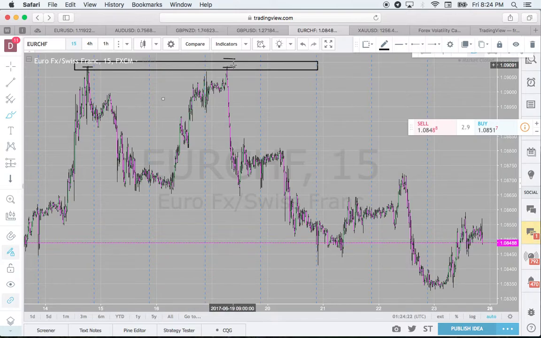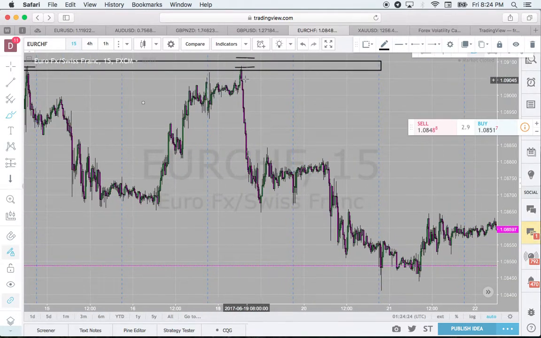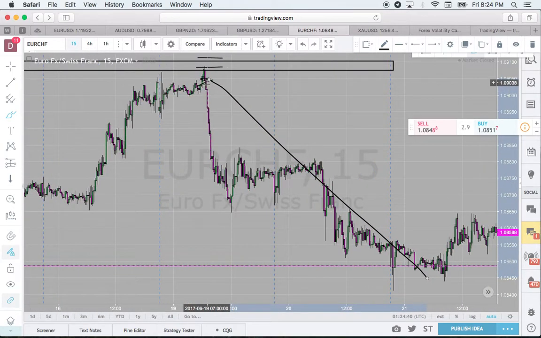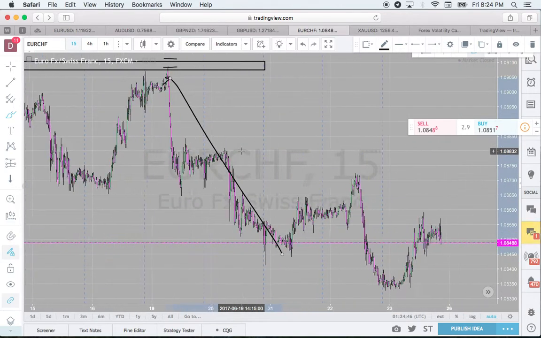So we entered, I sent a signal to sell at 1.0905. The pro members sold here, instant profit, there was like 8 red bars until the next green one.